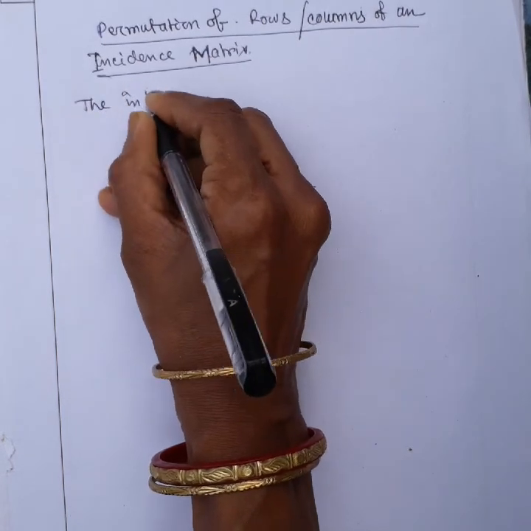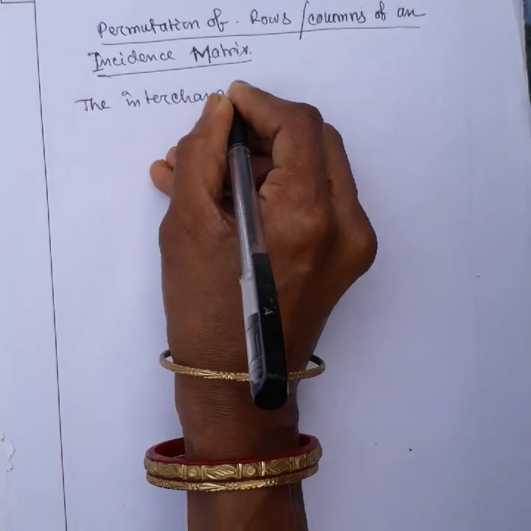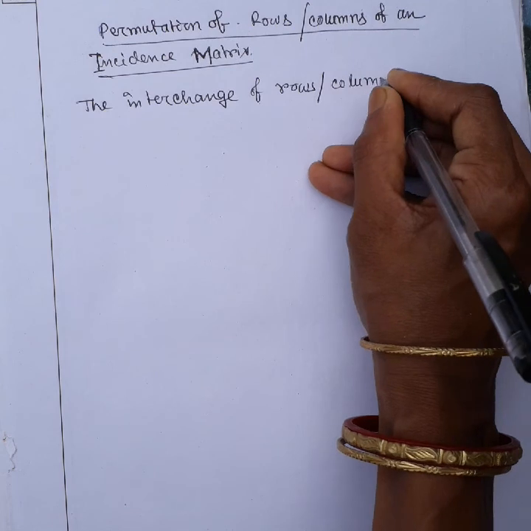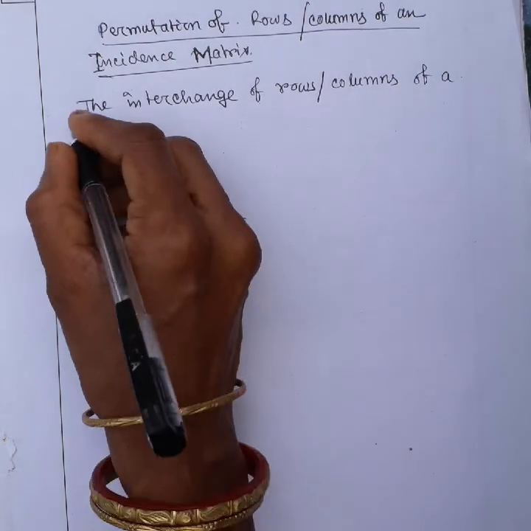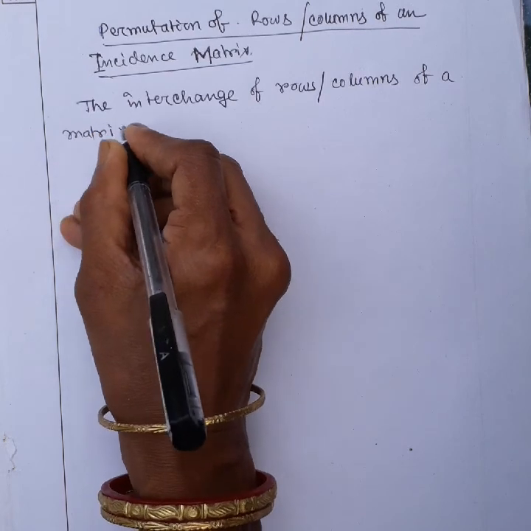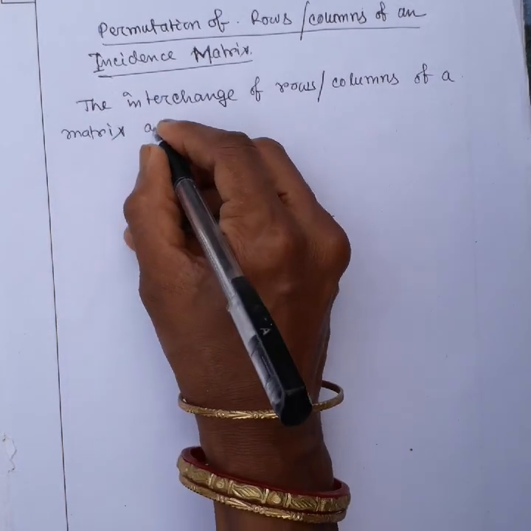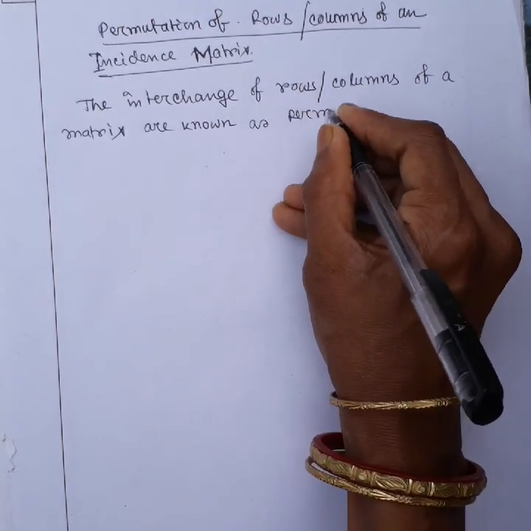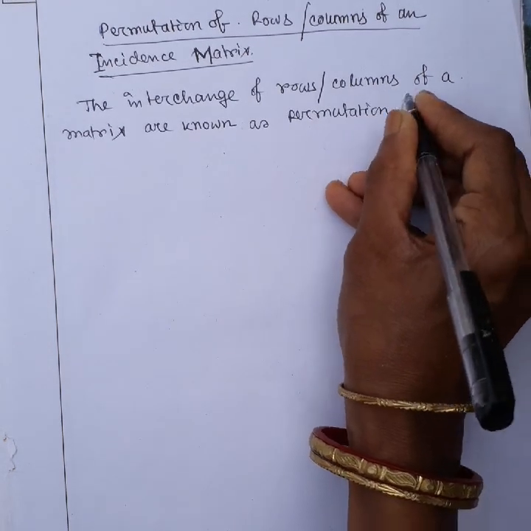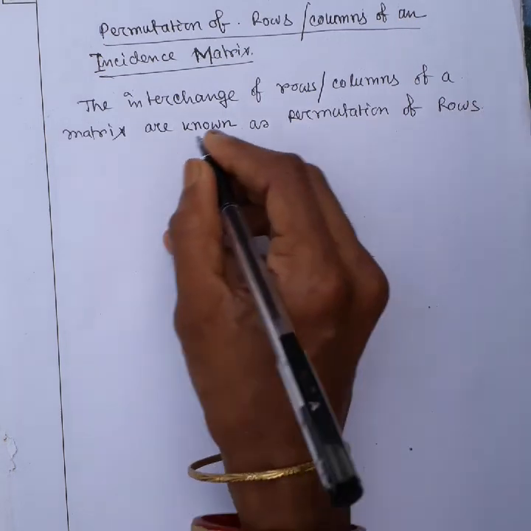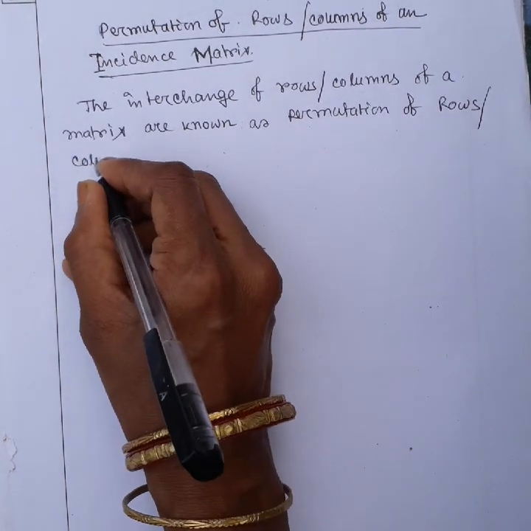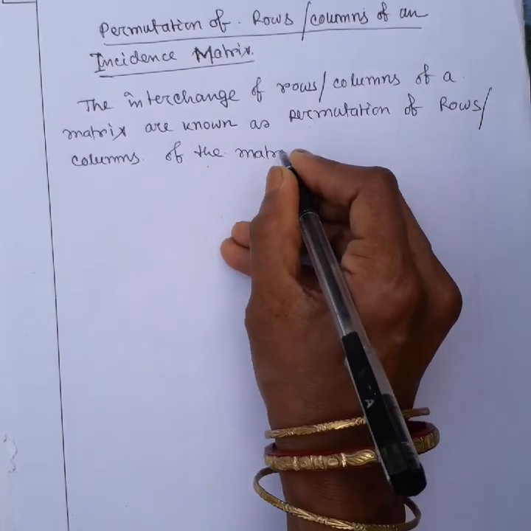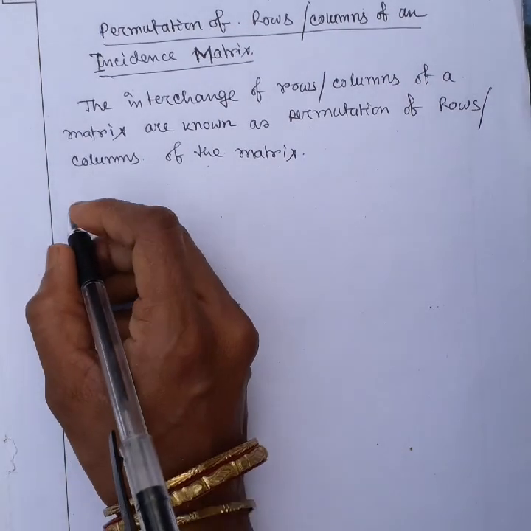The interchange of rows or columns of a matrix is known as permutation of rows or columns of the matrix.